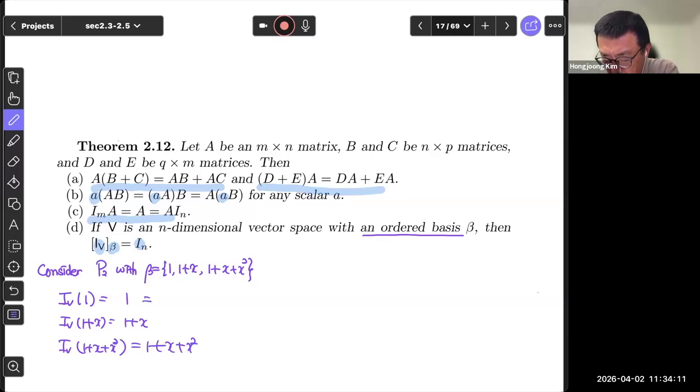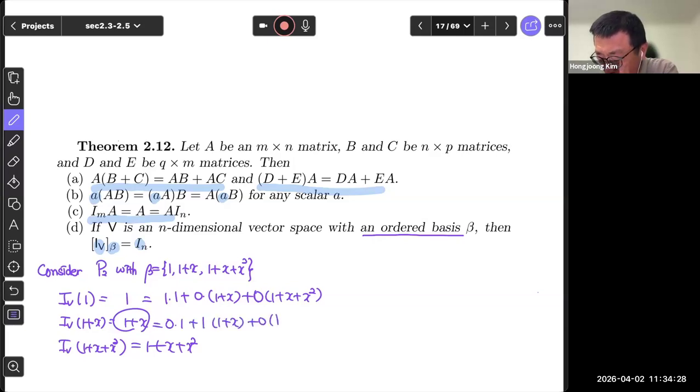So 1 is 1 times 1 plus 0 times 1 plus x plus 0 times 1 plus x squared. And 1 plus x is 0 times 1 plus 1 times 1 plus x plus 0 times 1 plus x squared.